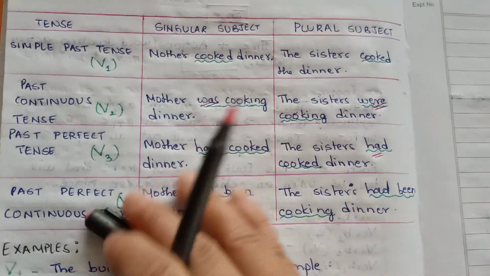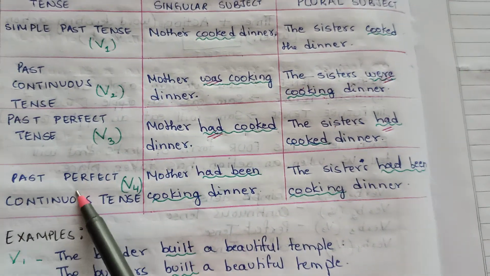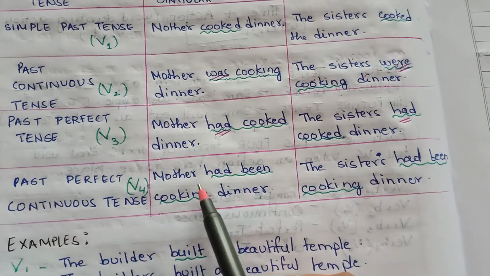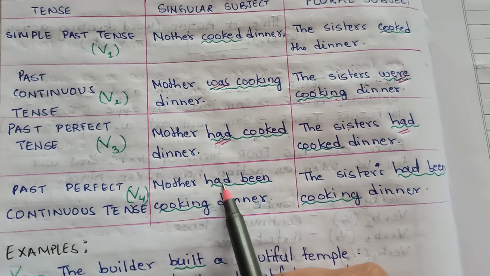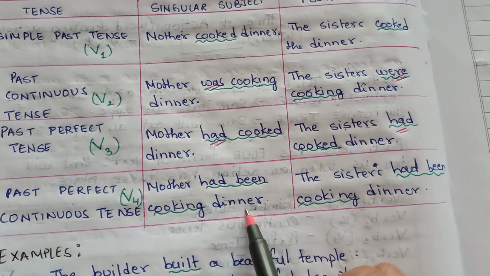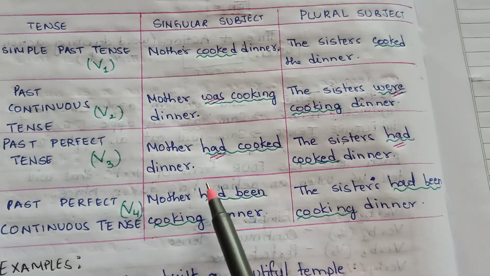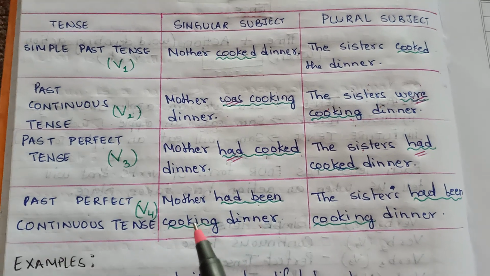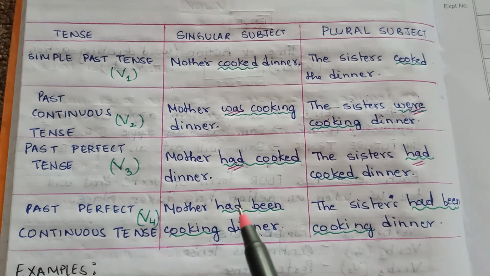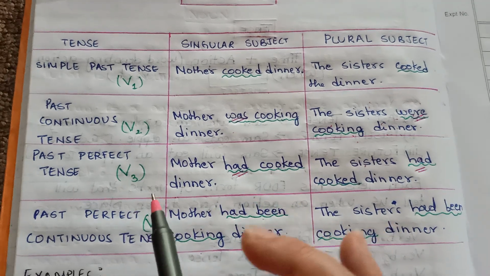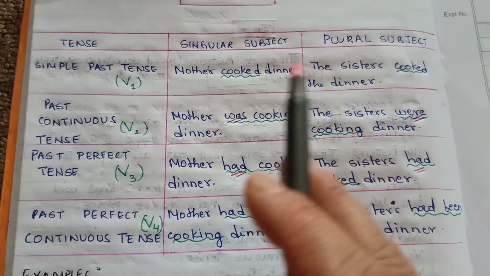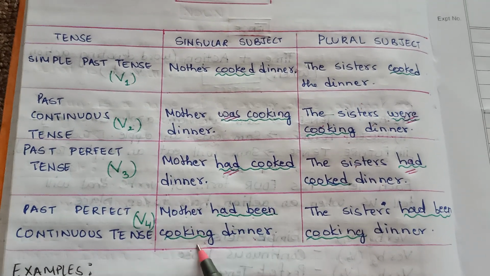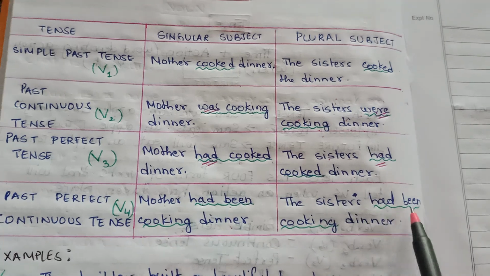Right? Now, let's go to our last form of verb, that is the past perfect continuous tense. Singular subject, mother had been cooking dinner. Had been cooking. What is going to show the continuity of an action for a very long time? It is mother had been cooking, and here the sisters had been cooking.